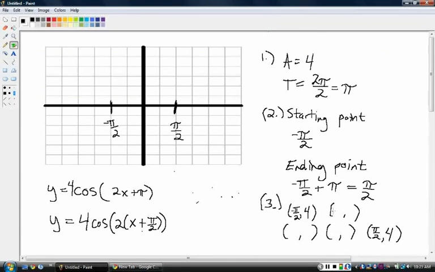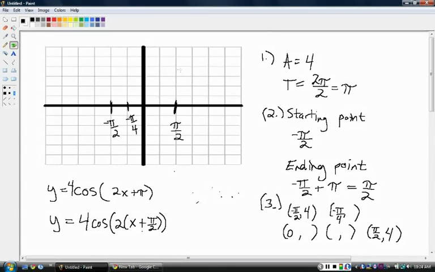So negative pi over 2 plus pi over 4 is negative pi over 4. My next x value is going to be right here. And then I'm going to add pi over 4 to that, and you get 0 as the x value.